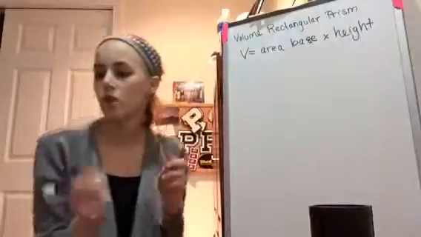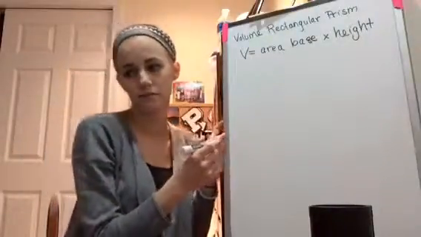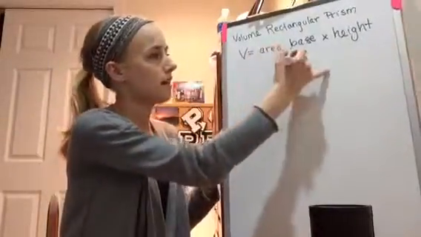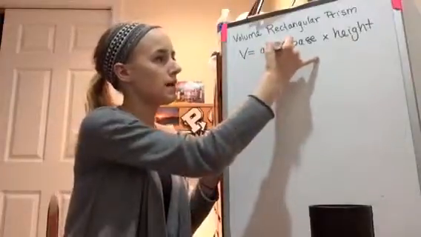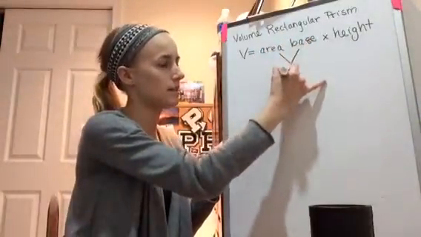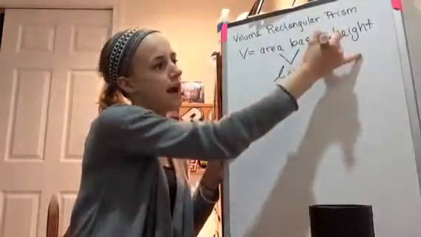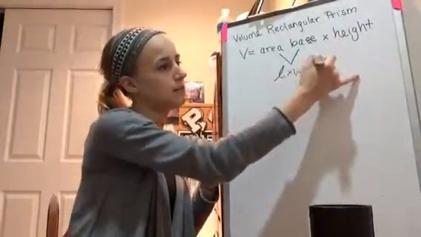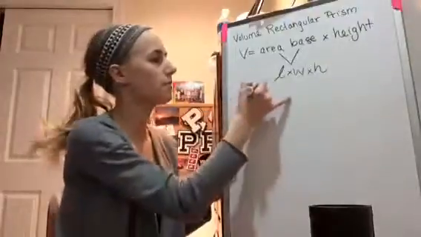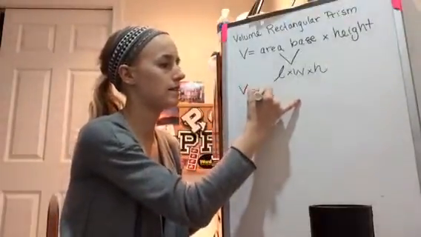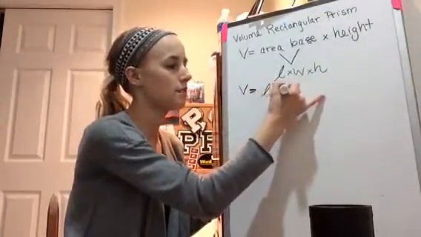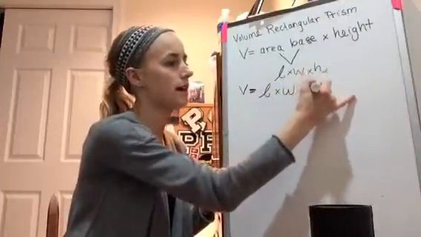Okay, so with a rectangle, it's the area of the base. Well, the area of the base, this right here, is length times width. So when we add the height, it's times height. So our formula for volume is length times the width times the height.